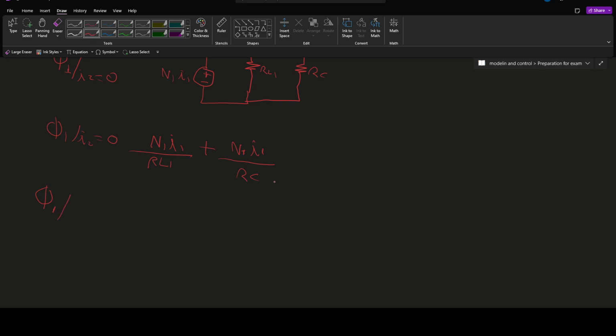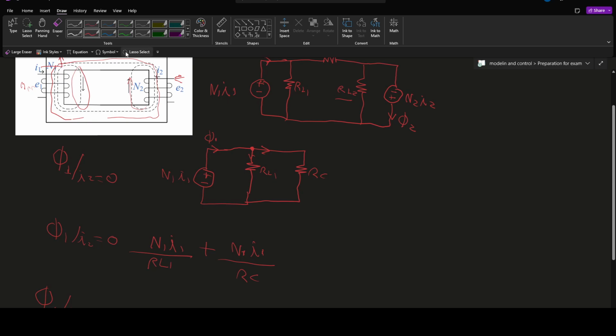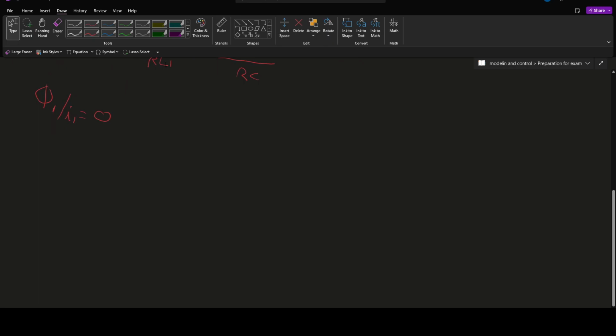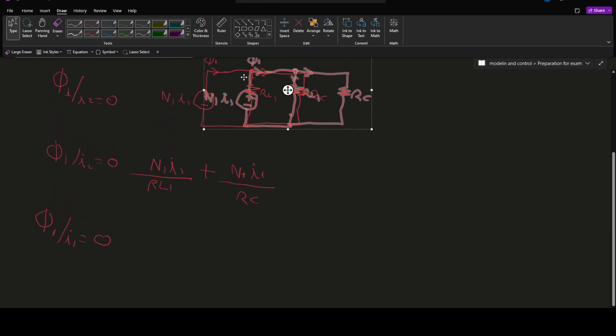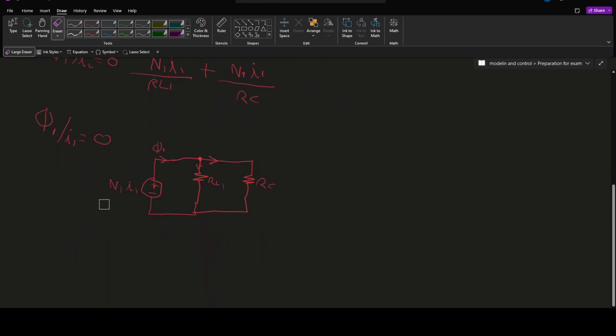Now we need our flux phi1 when I1 is equal to 0. Similarly, if we draw the magnetic circuit, it's going to be just like this one here, but we are not going to have N1 I1, and we are not going to have RL1.